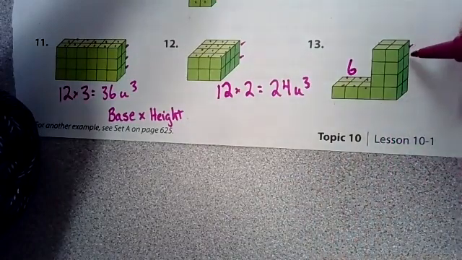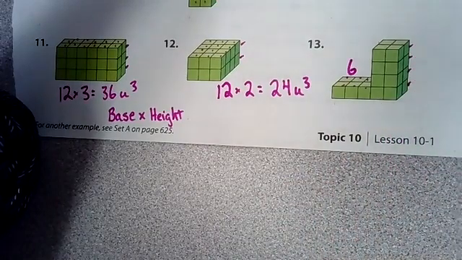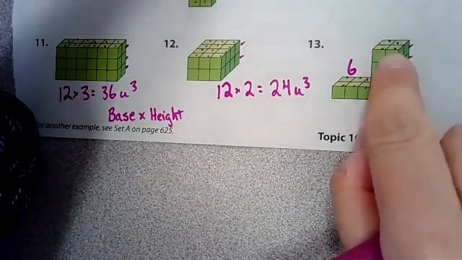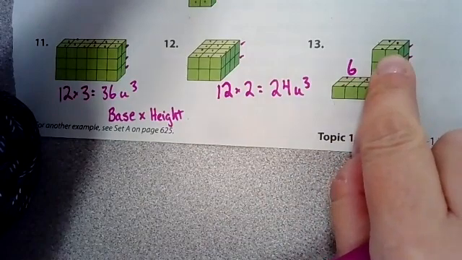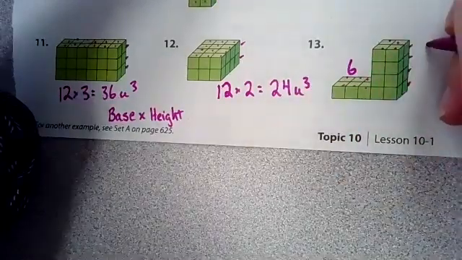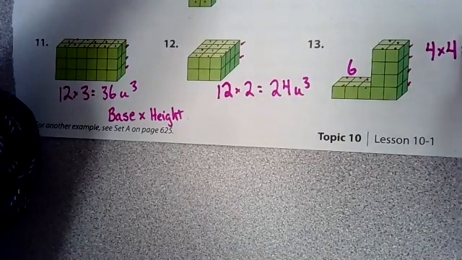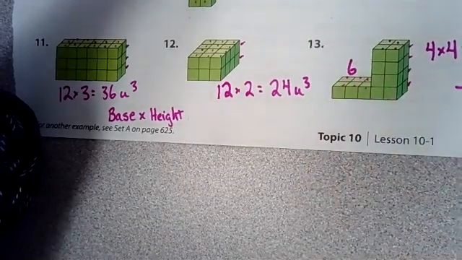The tower is 1, 2, 3, 4 units tall, and each layer is 4. So you're going to do 4 tall times 4 in each layer gives you 16. Don't forget to add these extra 6 over here to give you 22 units cubed. But like I said, we'll learn more about this later.